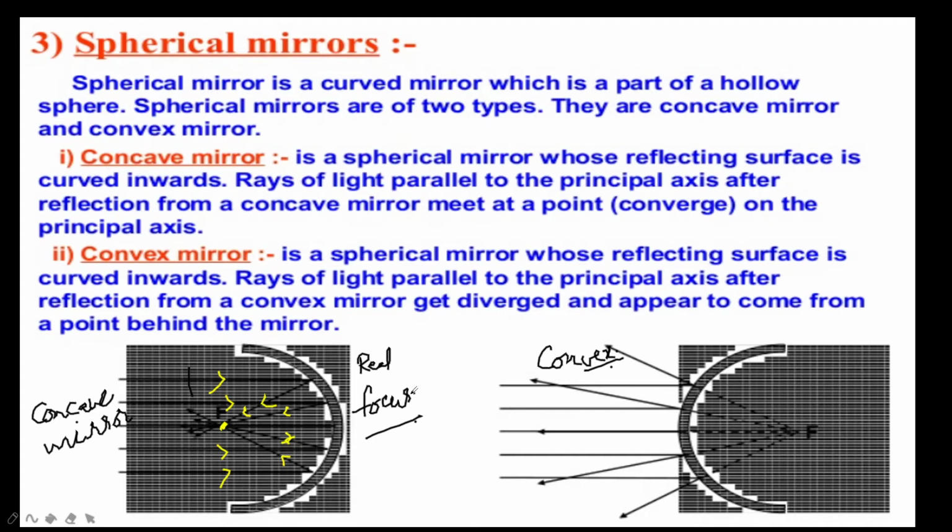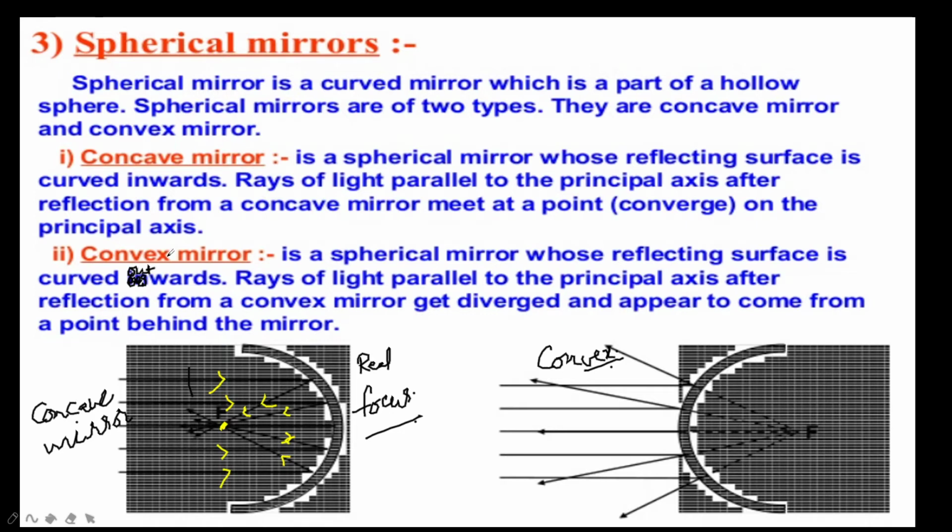Next one is the convex mirror. In a convex mirror, reflection takes place at the convex surface or bulging out surface. This is the bulging out surface. A convex mirror is a spherical mirror whose reflecting surface is curved outwards, it is not inwards.